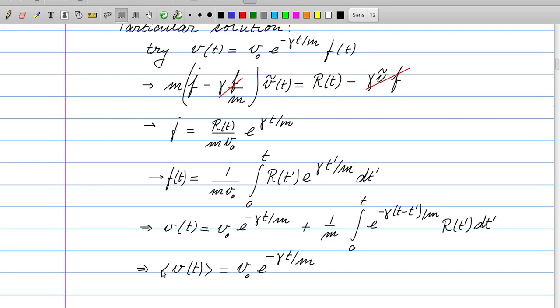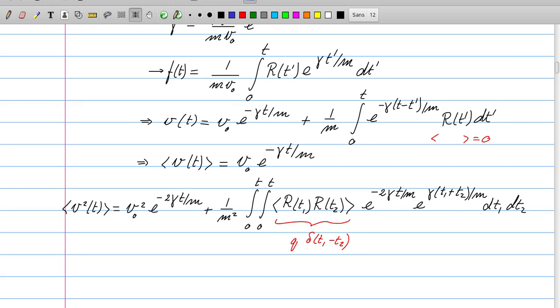We put angular brackets, which means that we average over all the possible realizations of the random force, and because the average value of this random force equals 0 for all times, the solution will just be the first part because the second part vanishes. So on average we can find what the v in the course of time is. Obviously that's the average behavior, and it's interesting to see how v would vary around this average solution.